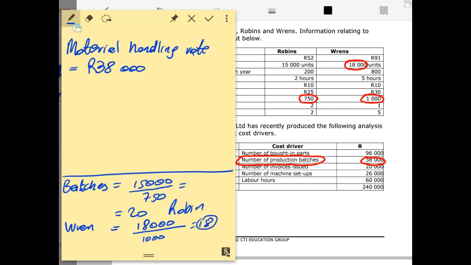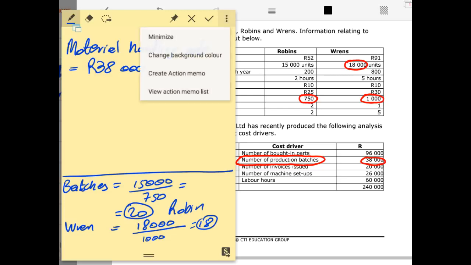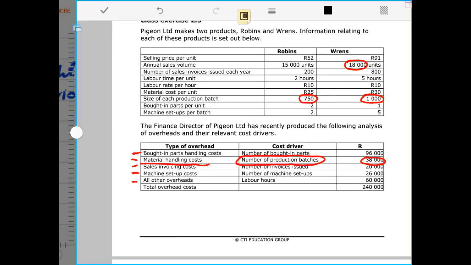Then if we have 18 here and we have 20, it means the total will be 38. So now let us go and check again what was required.